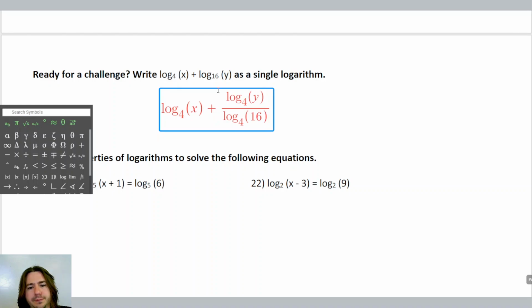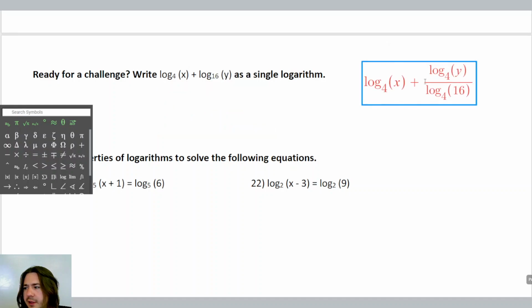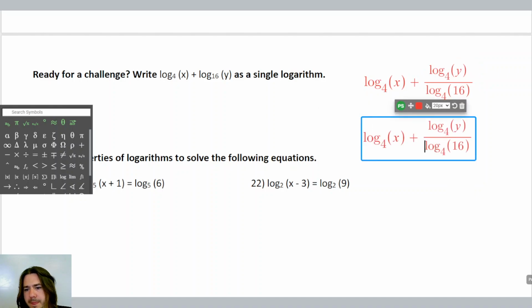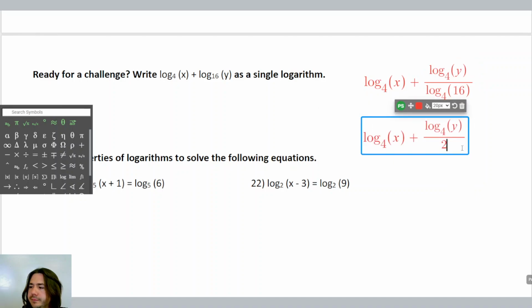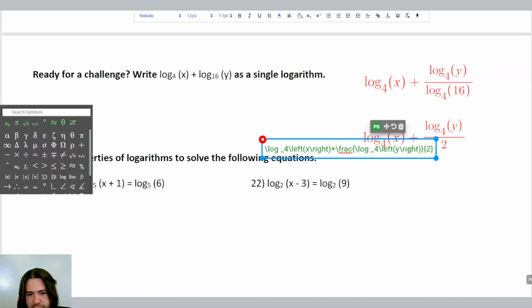And this log base 4 of 16 is something we can evaluate, right? Since 4 squared is 16, then that means that whole thing is just 2, right?